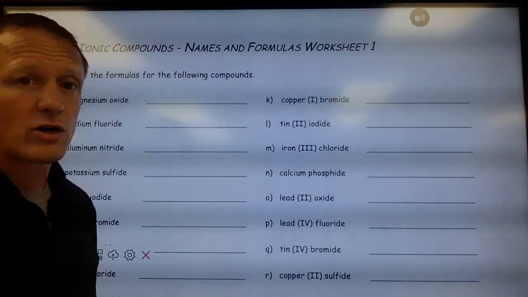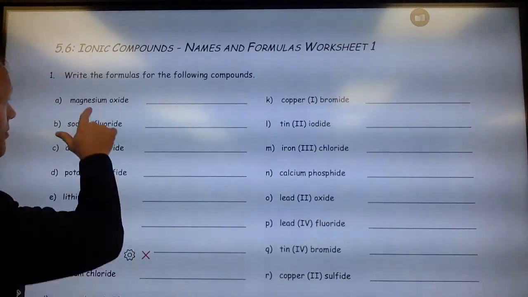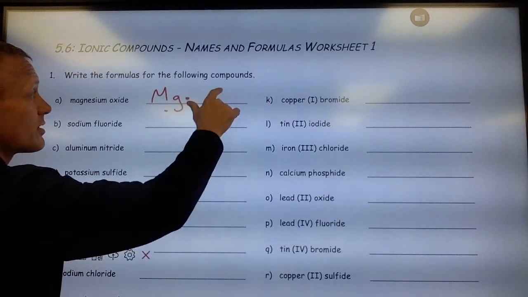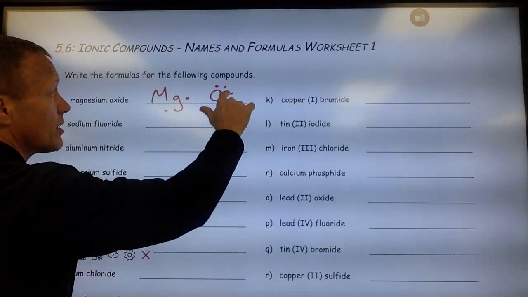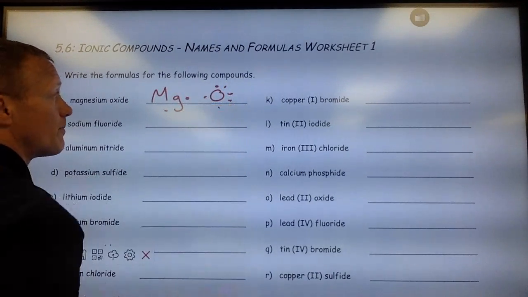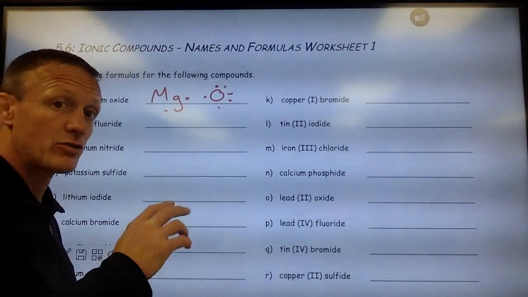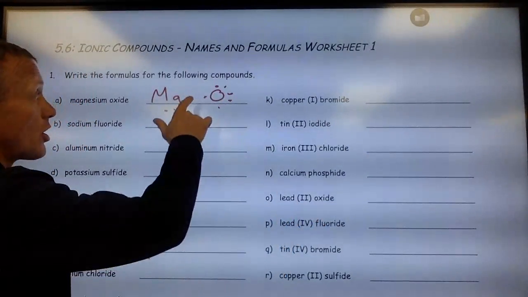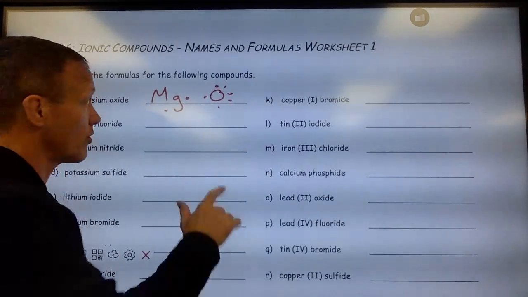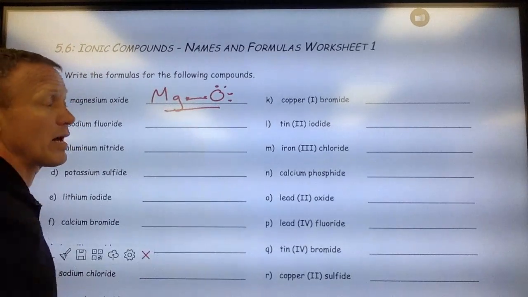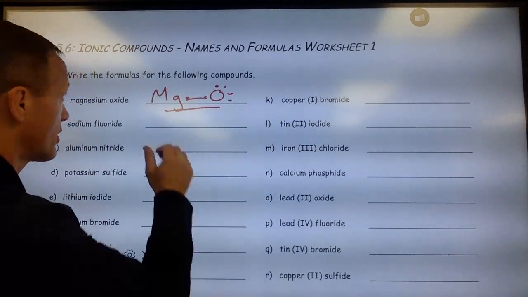So here's a way to go about this. Remember when we did structural formulas like magnesium oxide, we looked at magnesium. Magnesium has 2 valence electrons. Oxygen's got 6 valence. Magnesium wants to get rid of 2 electrons, meaning it has a +2 charge. Oxygen wants to gain 2 electrons, meaning it has a -2 charge. So we bond, and you need 1 magnesium with 1 oxygen to form a compound.